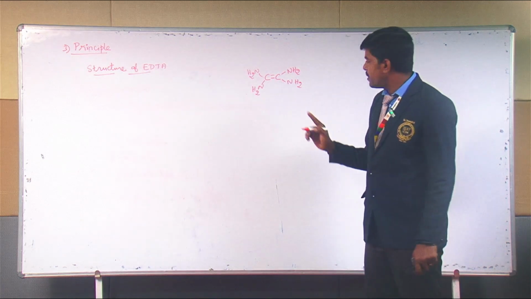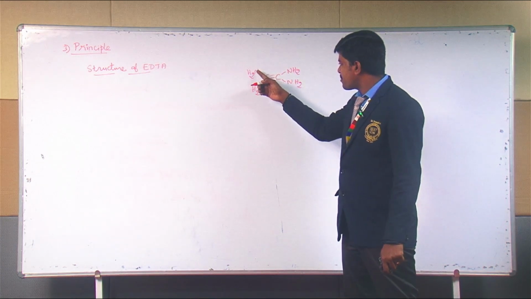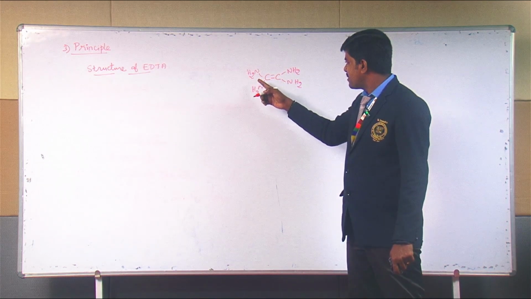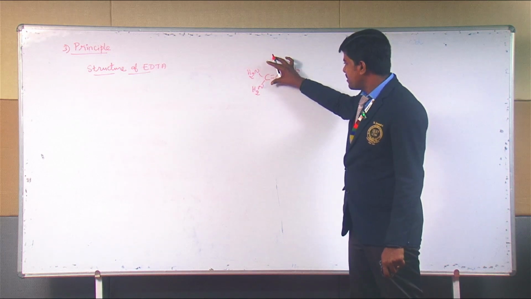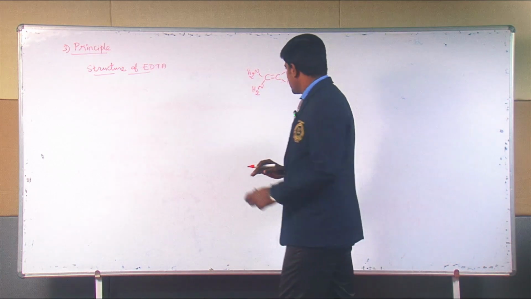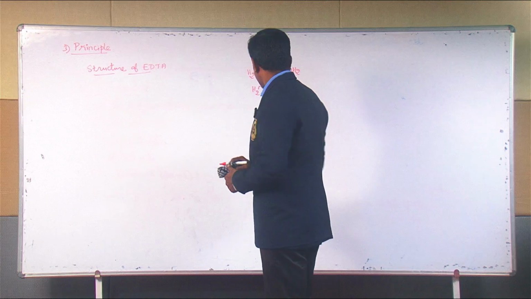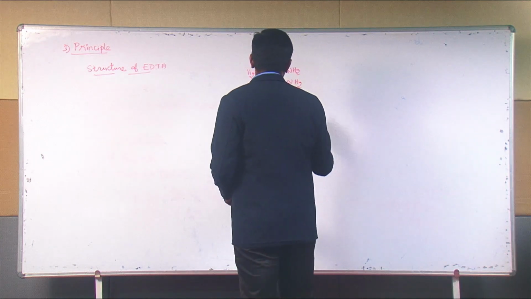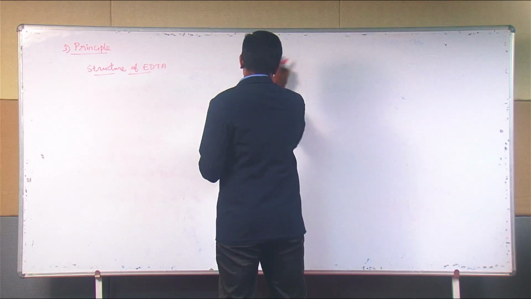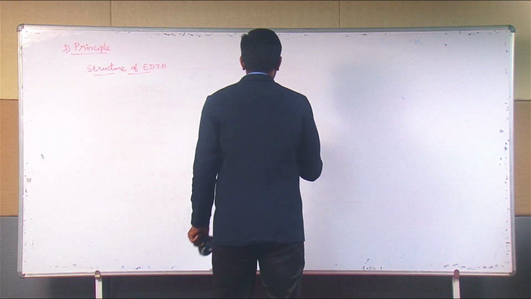See, here the hydrogens present in the ethylene molecule are replaced by the amines. So finally, the acetic acid group will be replaced. So what will happen?